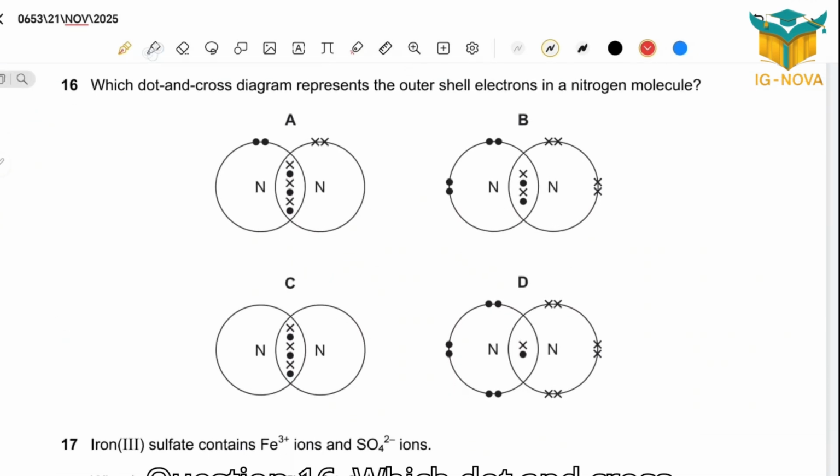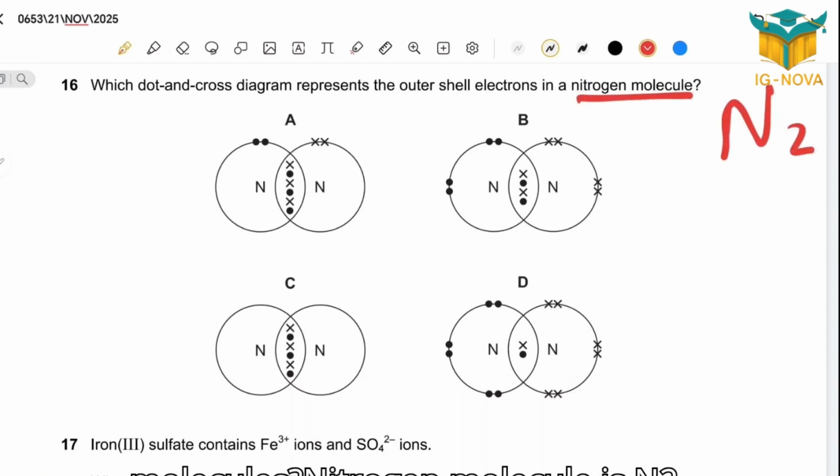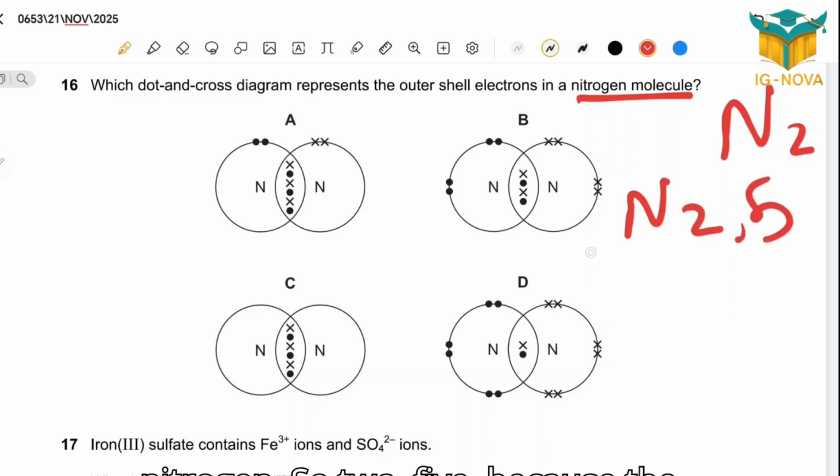Question 16. Which dot and cross diagram represents the nitrogen molecule? The nitrogen molecule is N2, so we need to do the configuration for nitrogen. It is 2, 5, because the atomic number, or proton number, is 7. So the outermost level has 5 and needs 3 more to complete the octet. So it will share 3 electrons. We have 5, and if we share 3, we have a lone pair.